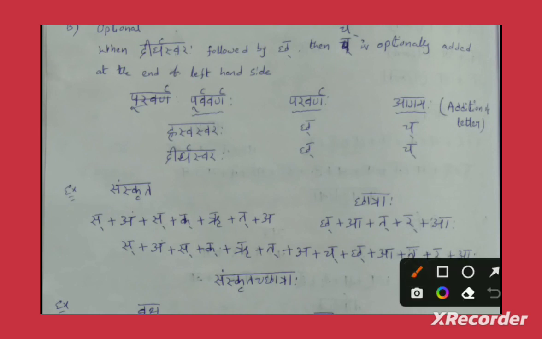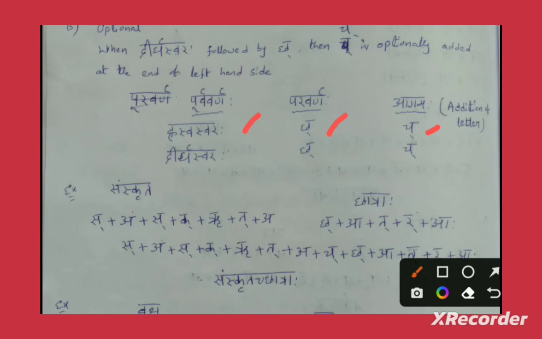So there are two cases in this Tugagama Sandhi. When a Hrasva Swara, a short vowel, is followed by Chakara, then Agama will happen at the left hand side. What is that Agama letter? Chakara. It will get appended at the left hand side, and the rest of the letters remain as they are at both sides.